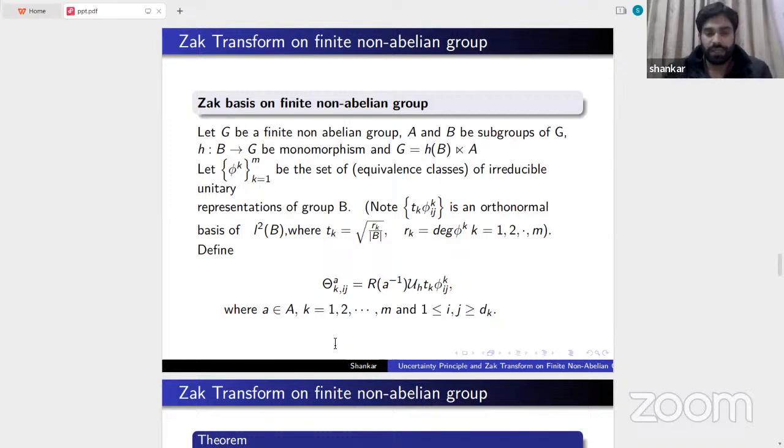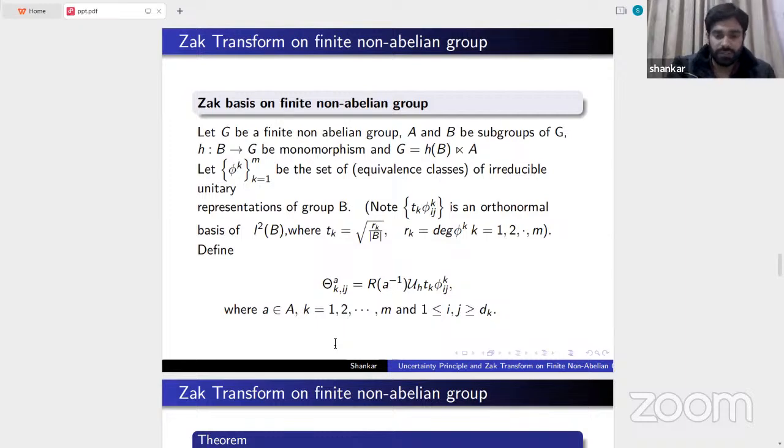Now we define a function theta, which is equal to the right representation of a inverse times the upsampling of H times T_k times the irreducible representation phi_ij^k, where a belongs to A, k is from 1 to m, and i and j are between 1 and d_k.